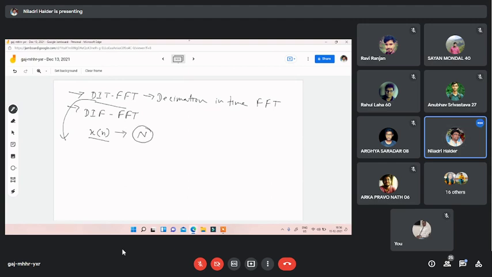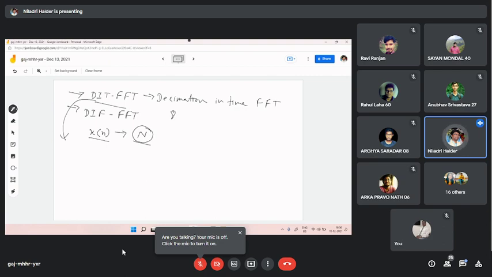That n will be split into individual n samples, and to do that you have to mention some stages. Just first write it down, then whenever I give you the example it will be more clear. First, that n samples will be split into individual n samples. For that case you need to follow some stages.